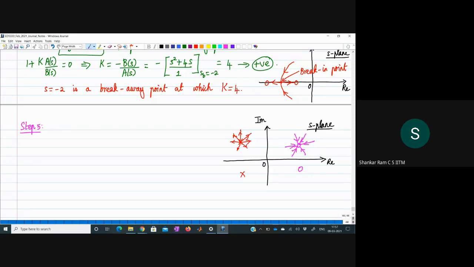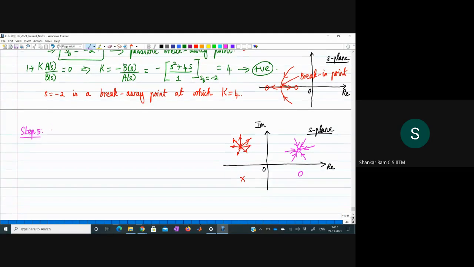Of course, step 5 is applicable only if we have complex conjugate open loop poles and complex open loop zeros.